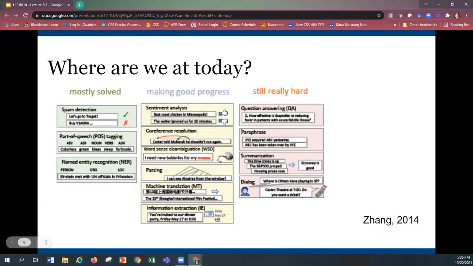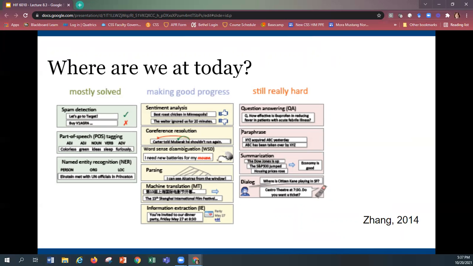So progress in research is being made on a number of fronts to use NLP in problem solving. Some problems are proving easier to solve, such as the use of NLP to determine whether or not an email is valuable or is spam. NLP is also effective today at identifying parts of speech. So think of grammar correction in a word processing package and in identifying parties or named entities.